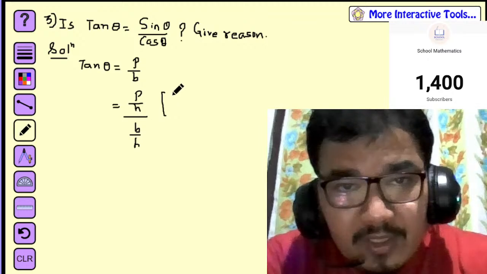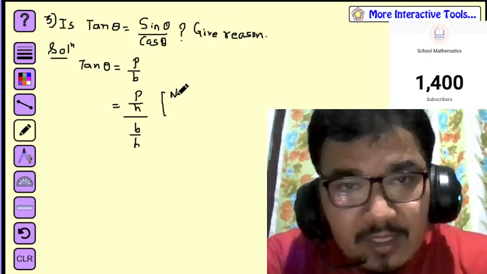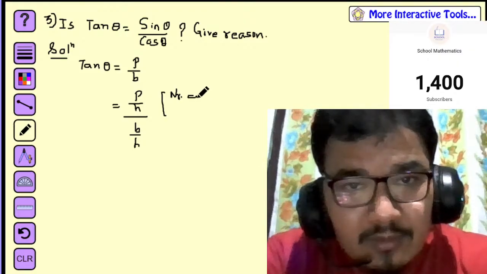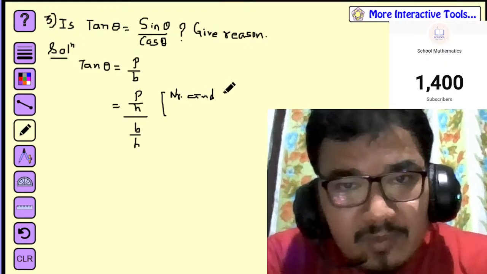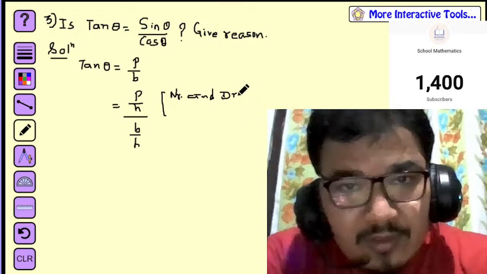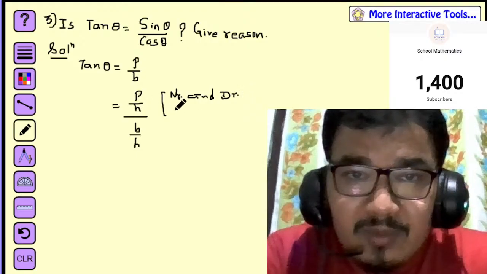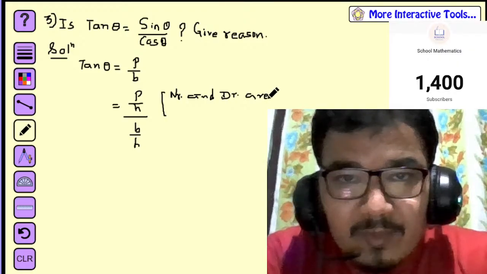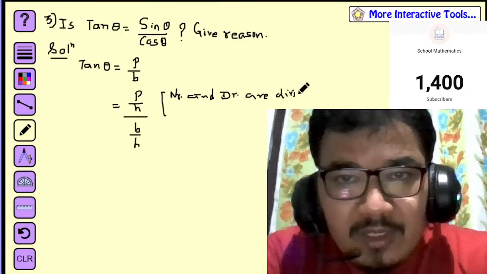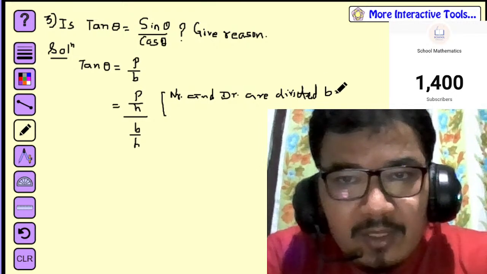I am writing nr for numerator and dr for denominator. Numerator and denominator are both divided by h.